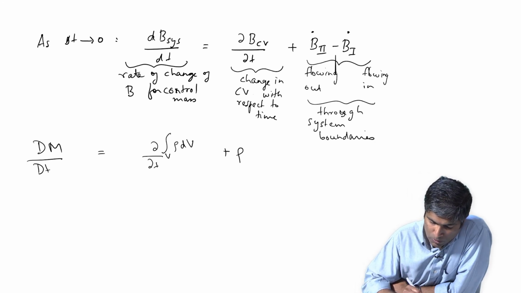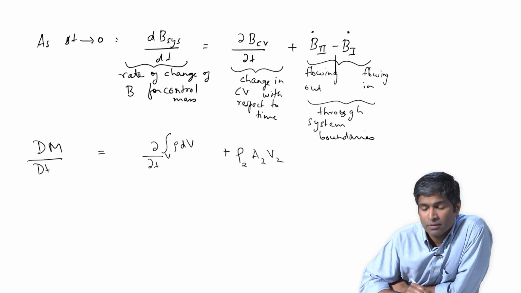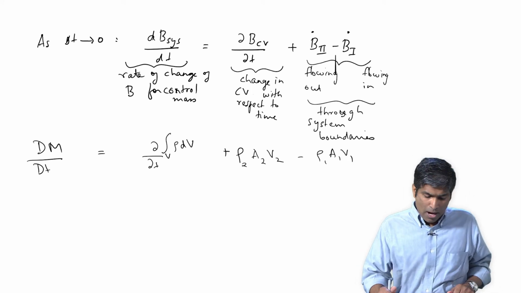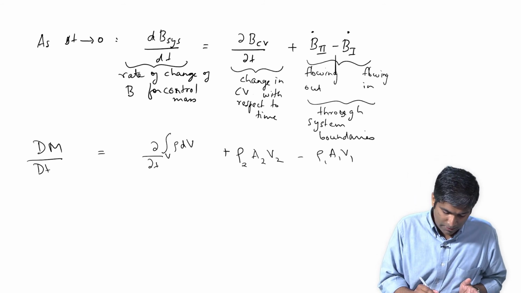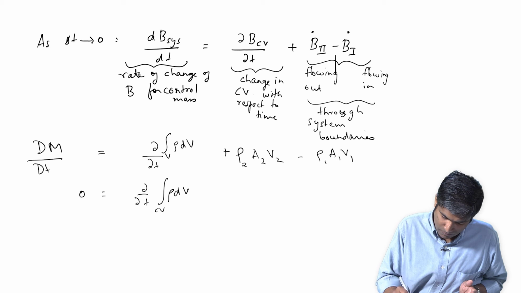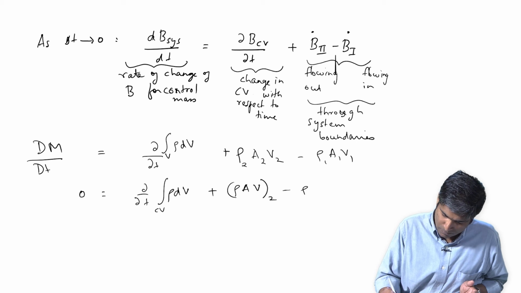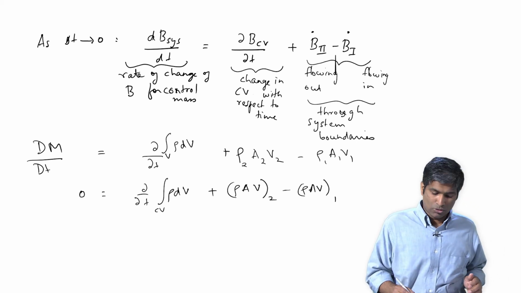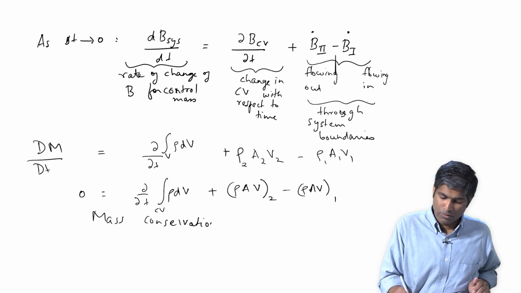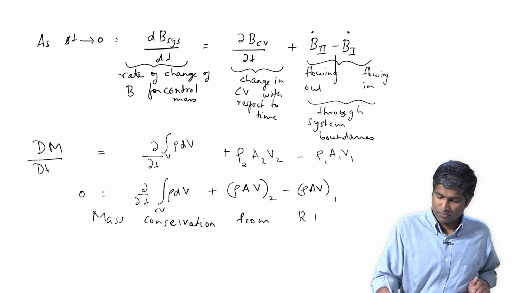So that would be rho 2 A2 times V2 minus rho 1 A1 V1. And I know that mass is conserved, so dm by dt needs to be 0. So I get essentially 0 is del by del t of the integral of rho dV plus these terms. So this would be mass conservation according to the Reynolds transport theorem.